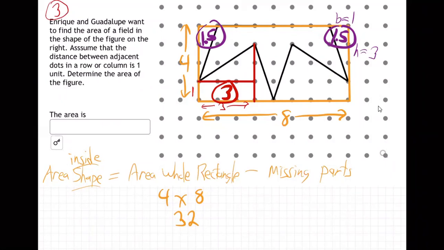So let's do the next little triangle piece here. This is 1 right here, and this side right here is 3, isn't it? Let's count the jumps. 1, 2, 3 jumps, and 1 jump. It's a 3 by 1 triangle.